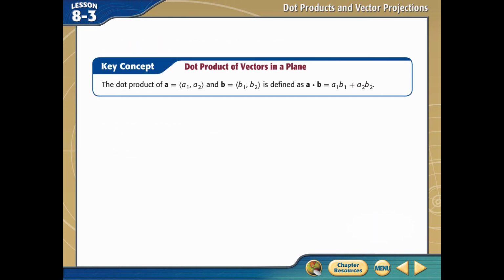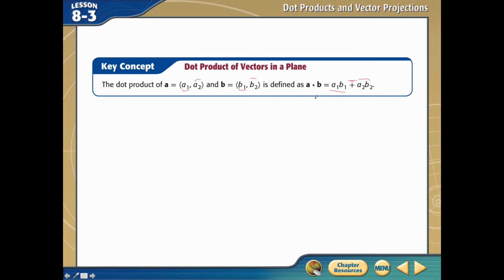Okay, so dot product, as it is explained here on this slide: you take the first term, or the x term, of two vectors in component form and multiply them together. Then you take the second terms, or the y terms, multiply them together, and then you add those two terms together.